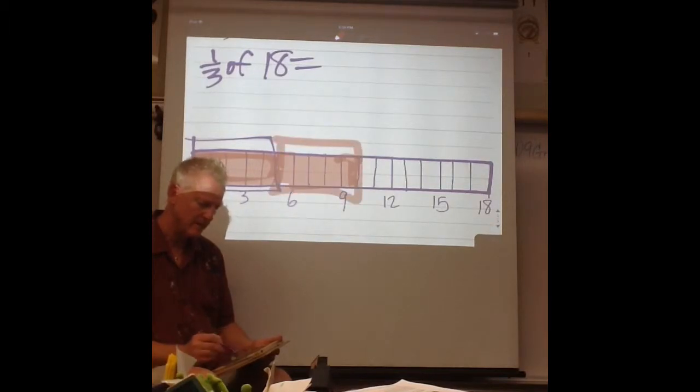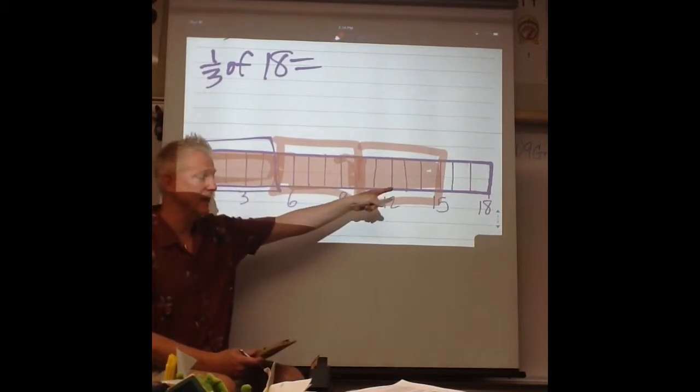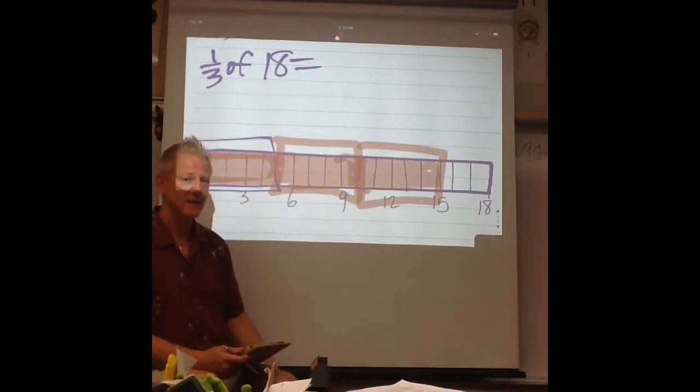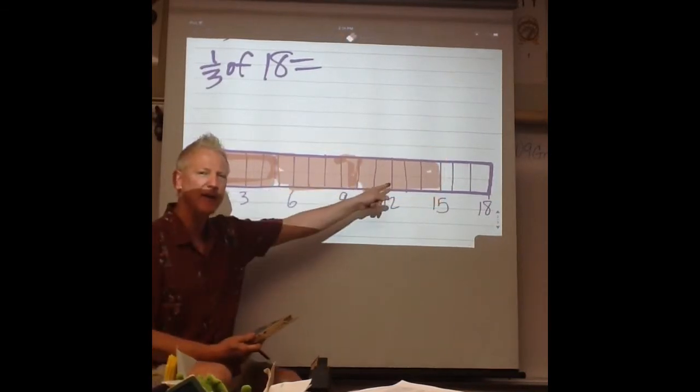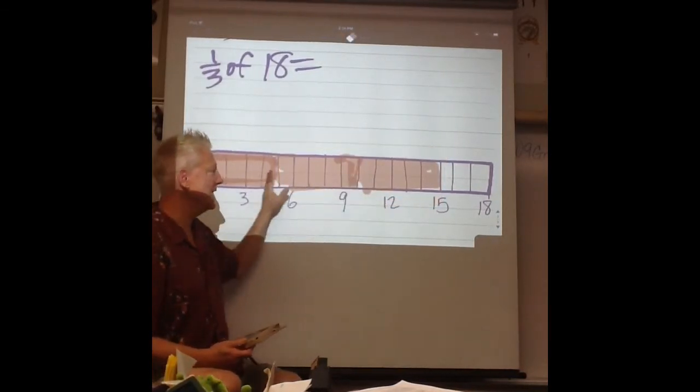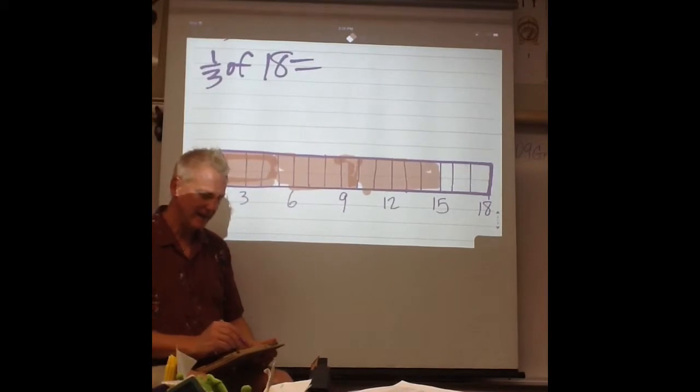And then 1, 2, 3, 4, 5, right? Now do I have 5 over here on the end? No. What happened? I have 3 left. Then what do I have to add to each one of this group? 1 more? Good thinking. I like that.